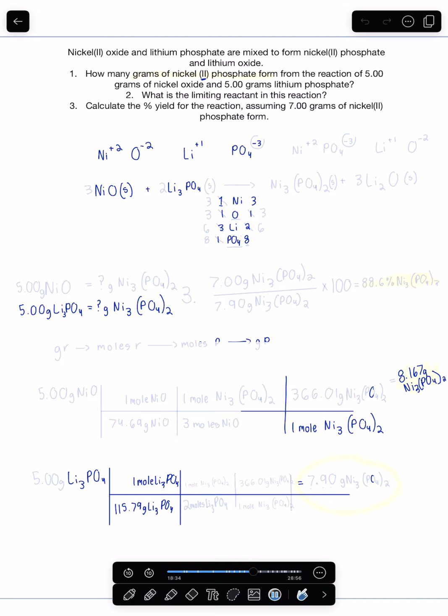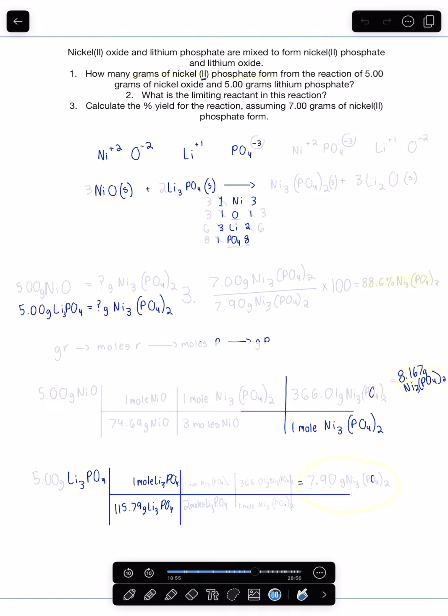We don't need these parentheses. And again, it is ionic, so we're going to consider it a solid. So those are going to be our reactants.